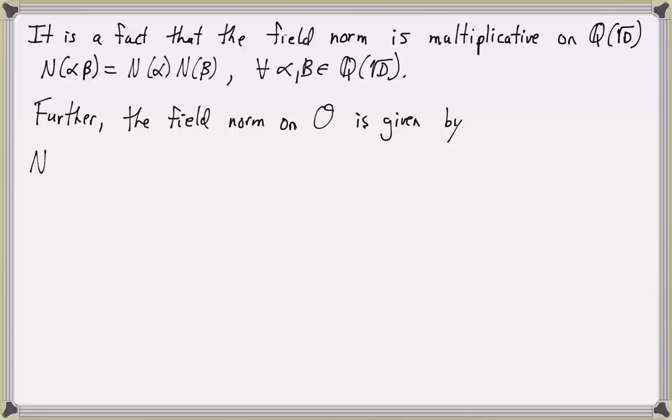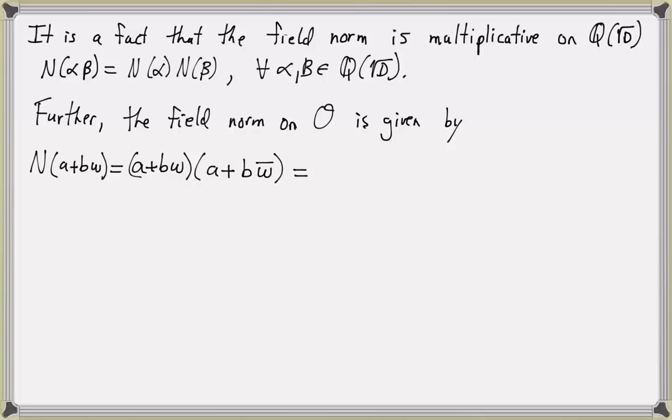So N of a plus b omega will equal a plus b omega times the element a plus b omega bar.